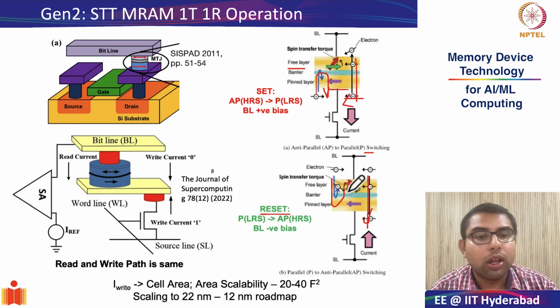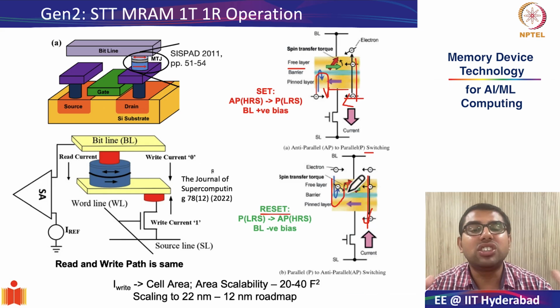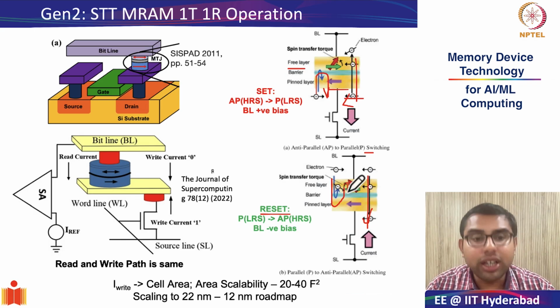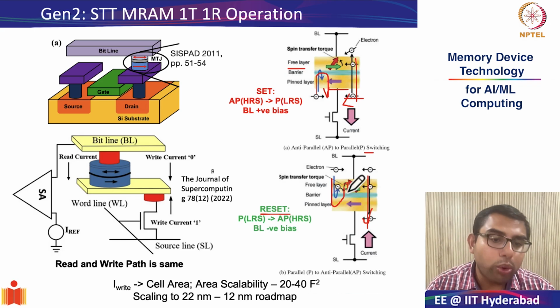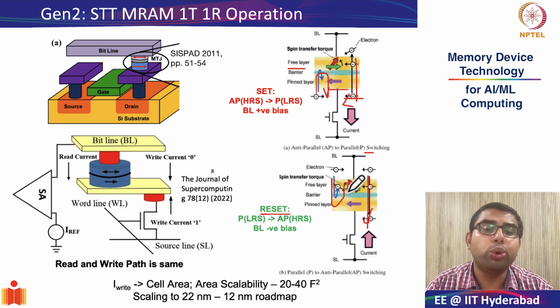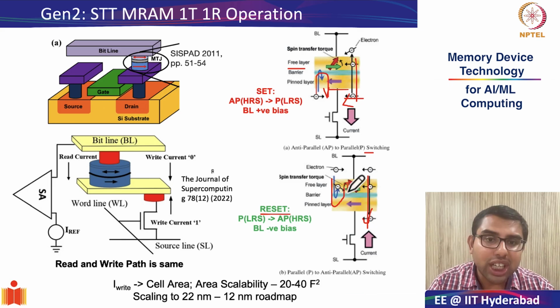Not only that, the scaling of these devices has been really fascinating. All your major companies, whether it's Intel, TSMC, provide MRAMs at 22 nanometer node, and the future roadmap is also to go at 12 nanometer node. So therefore, STT-MRAMs is the success story in commercialization.